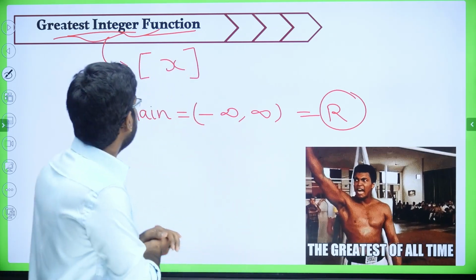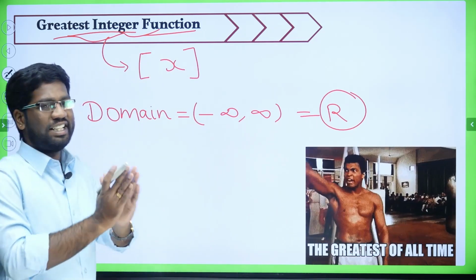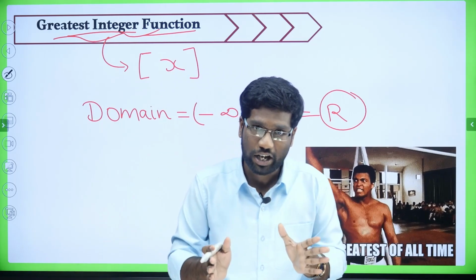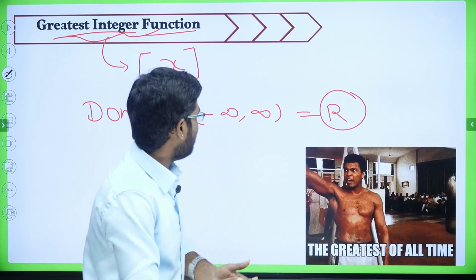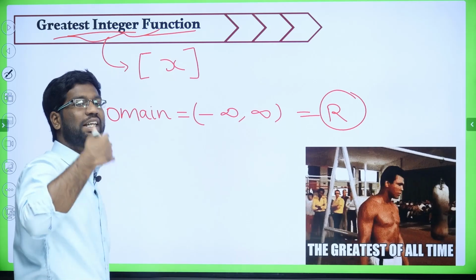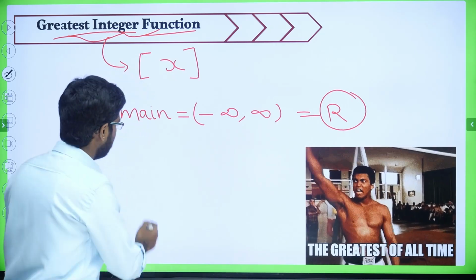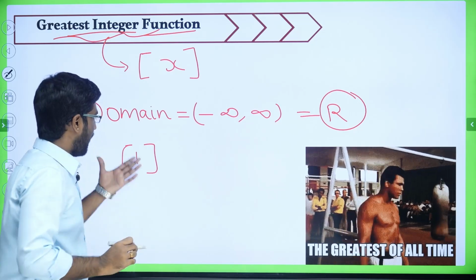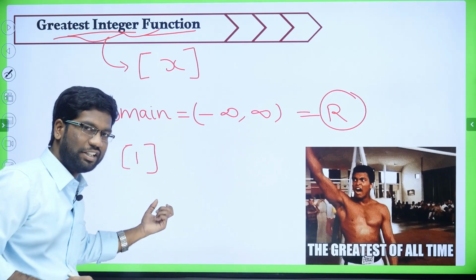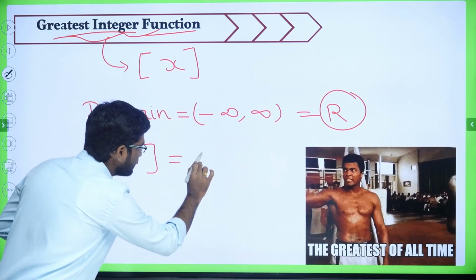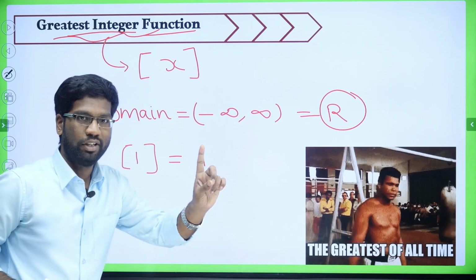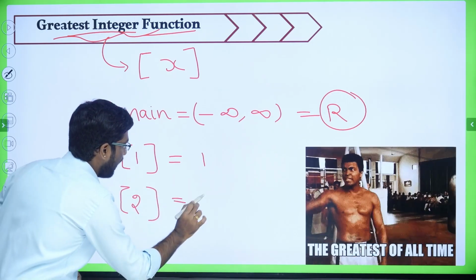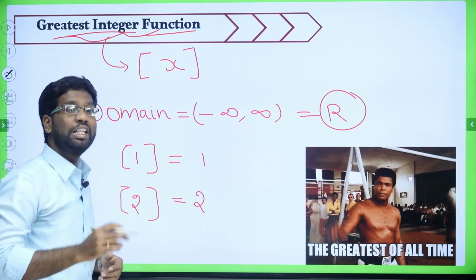Let me tell you. For rational, irrational, everything, it gives integer values. Obviously for integers also it gives the integers as output, my dear students. For example, if I take 1 inside the greatest integer function, it obviously gives me the value 1. If I take 2, the value is 2.